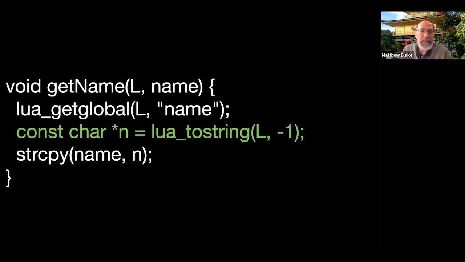So let's talk just a little bit about how this lua_tostring function works. And to make it clear what's going on here, I need to talk a little bit about how data is passed back and forth between Lua and C. When C code invokes a Lua function, it gets a stack.